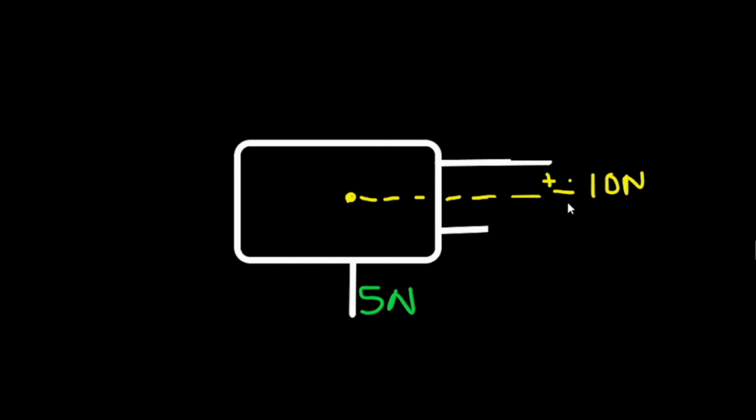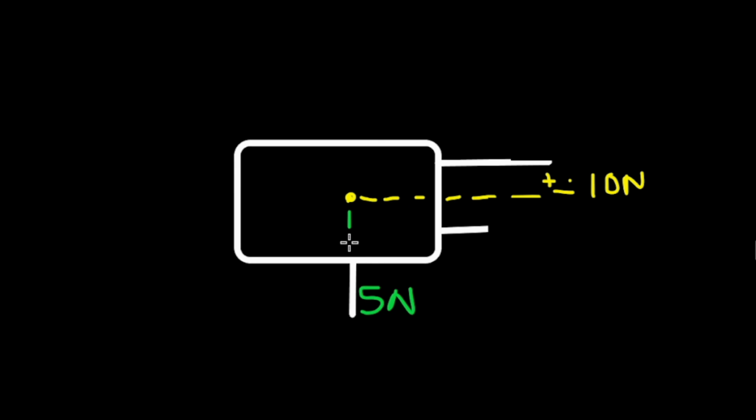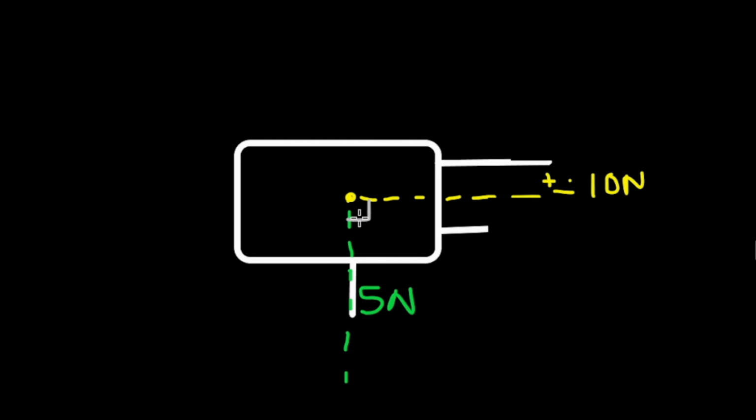So we know that we'll have 10 newtons acting in this direction, and then from the same center of the object we have got 5 newtons acting downwards. So these forces are acting perpendicular to each other. In between here they're forming a 90-degree angle.